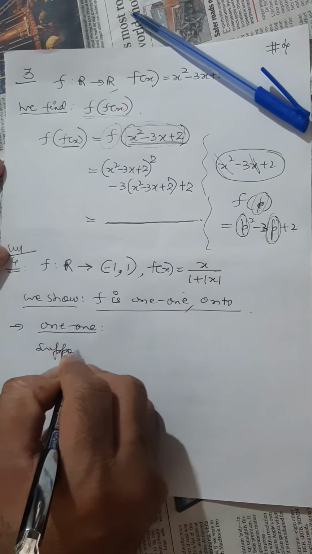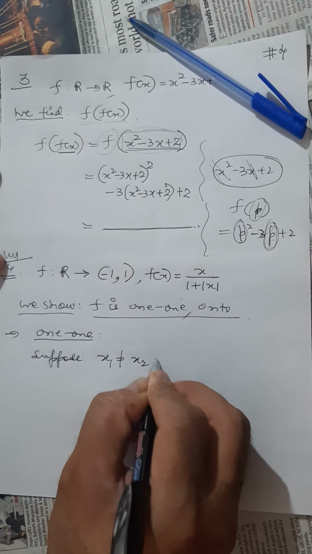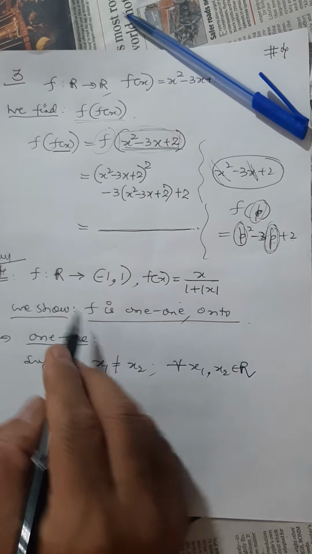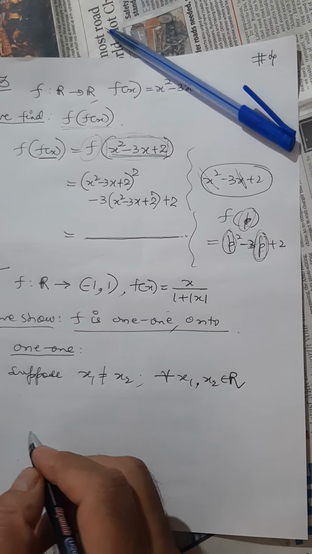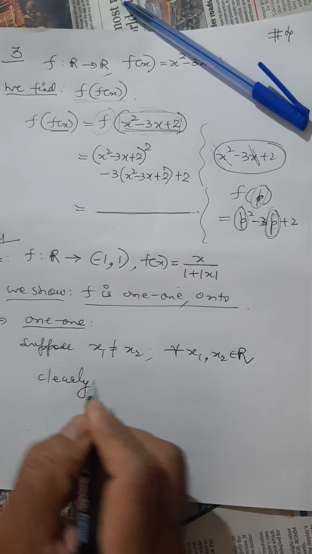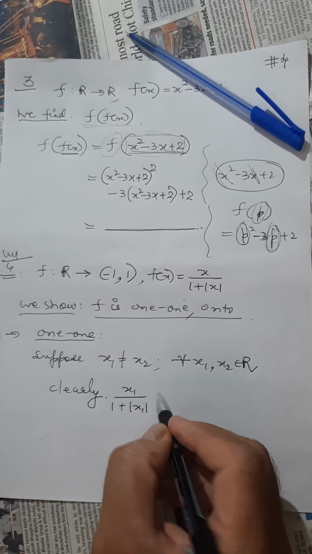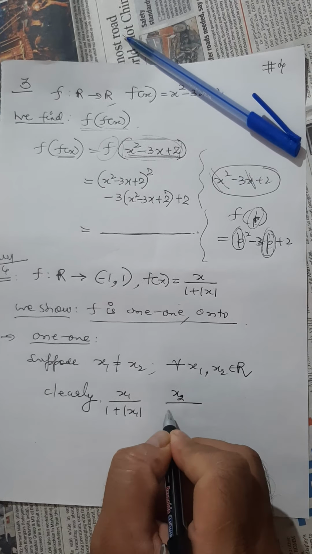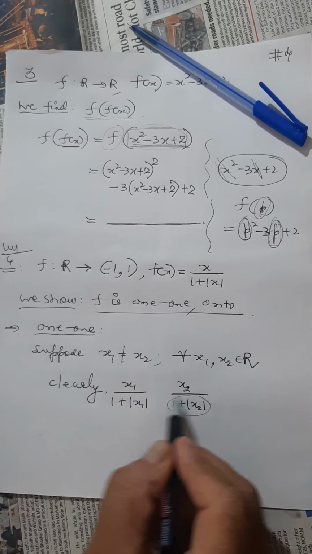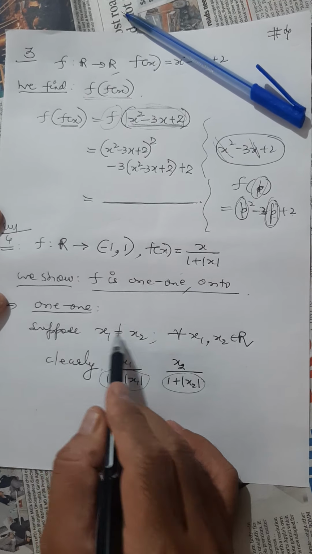Suppose x1 is not equal to x2, for every x1, x2 belonging to the real numbers. That's the domain. If the two numbers are different, then clearly if you find x1 upon 1 plus modulus x1 and x2 upon 1 plus modulus x2, the denominators might be equal, because this may be 2 and minus 2.